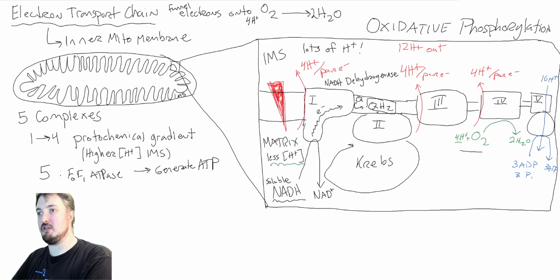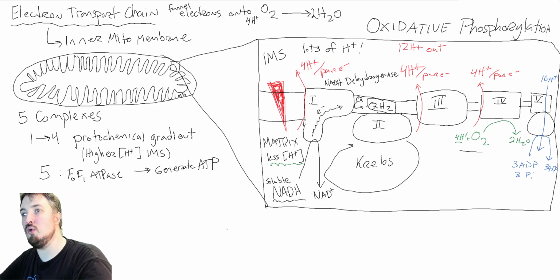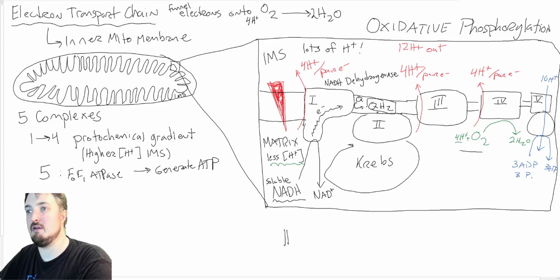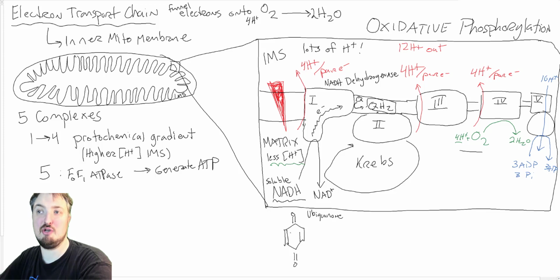Right? Now, coenzyme Q is a cool little carrier because it has a lot of properties that make it very useful. Okay, so this is what we call ubiquinone. The ubiquin part means it's kind of ubiquitous. It's pretty much in all tissues that are respiring. And so it's OCH3.